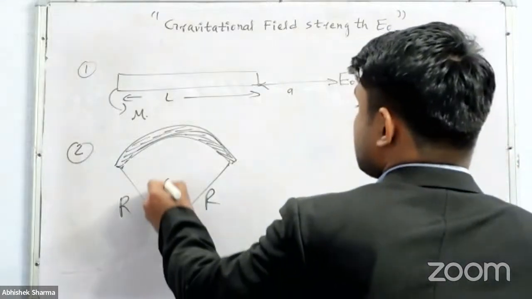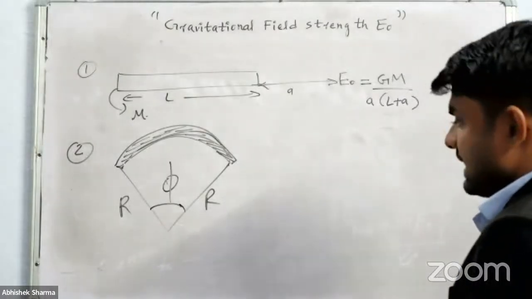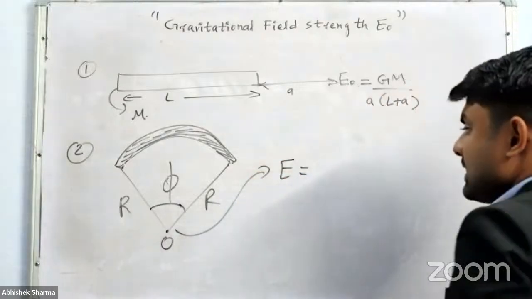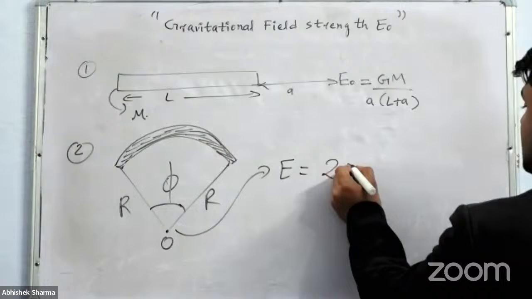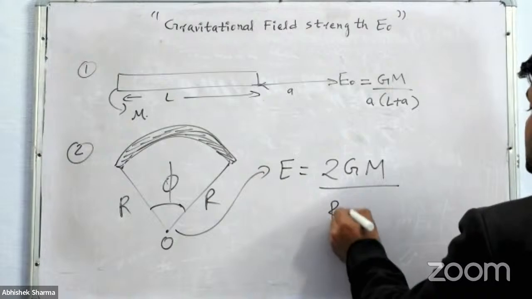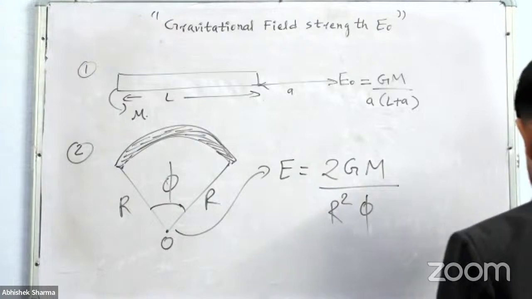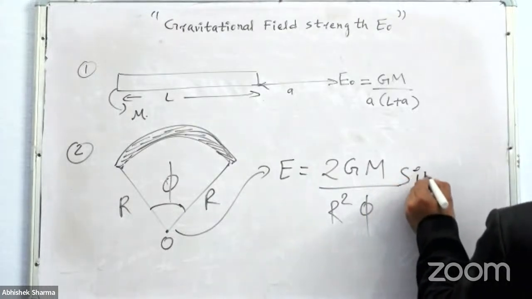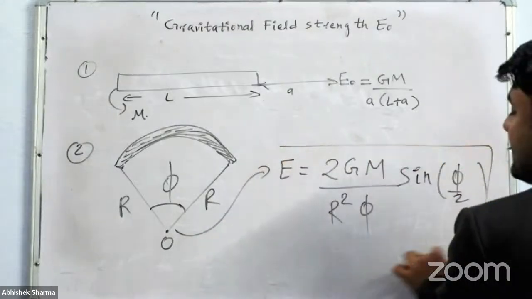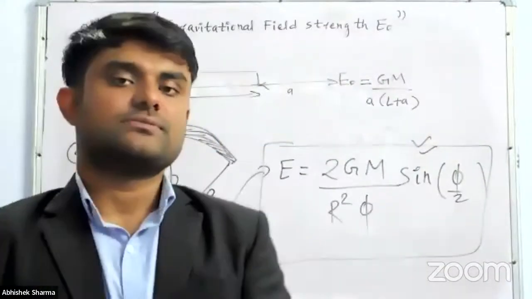So at that center, the gravitational field strength will be given by this formula, that is GM upon r square, that angle, it can be 30, 35, 45, whatever, multiplied by sine of phi by 2. This is a formula. There is a complete derivation for this, but it's beyond the scope. You just remember the formula.